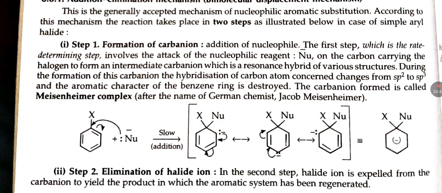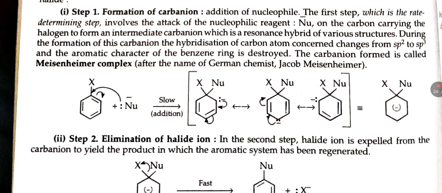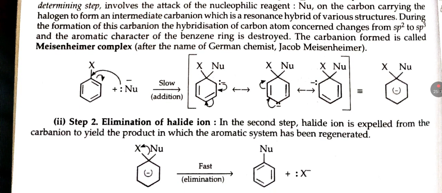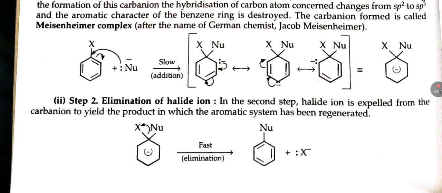Addition of nucleophile, the first step, which is the rate determining step, involves the attack of nucleophilic reagent on the carbon carrying the halogen to form an intermediate carbanion, which is a resonance hybrid of various structures. During the formation of this carbanion, the hybridization of carbon atom concerned changes from sp2 to sp3, and the aromatic character of the benzene ring is destroyed.